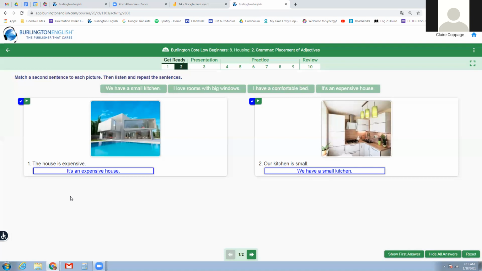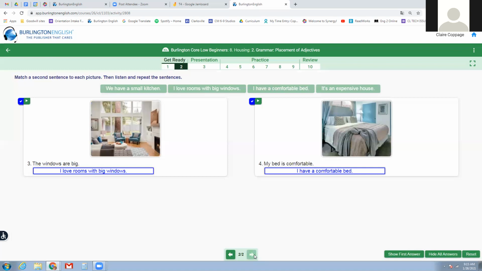We have a small kitchen. Good. All right, and then we have 2 more. The windows are big, or I love rooms with big windows. And number 4, my bed is comfortable. I have a comfortable bed.